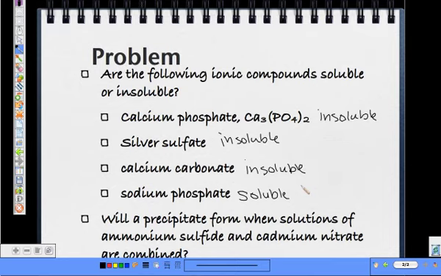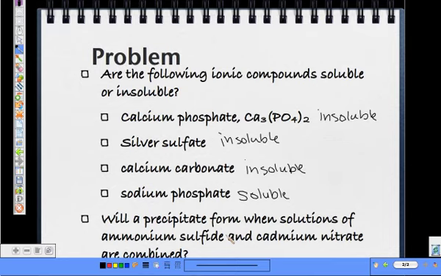So this next question says, will a precipitate form when solutions of ammonium sulfide and cadmium nitrate are combined? So if you have ammonium sulfide in solution, cadmium nitrate in solution, and you mix them, now ammonium is able to maybe form a solid with the nitrate or cadmium with the sulfide. So we've got to check those two possibilities.